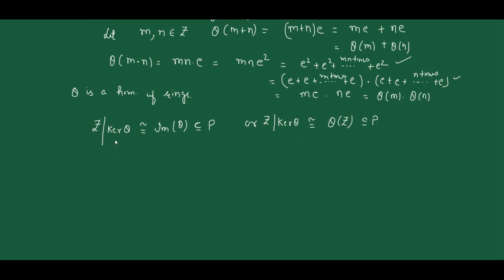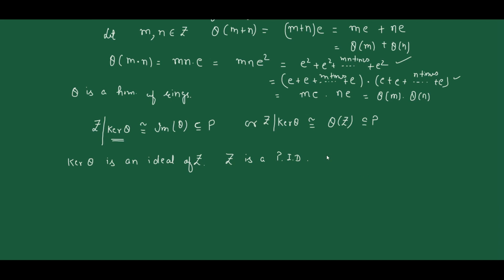Now what is our focus? Our focus is on kernel theta. Because theta is a homomorphism of rings, kernel theta is an ideal of the ring of integers, and you know that the ring of integers is a PID, principal ideal domain.